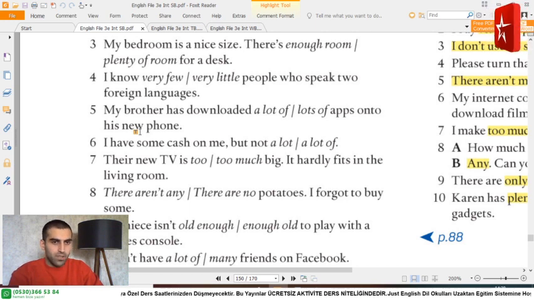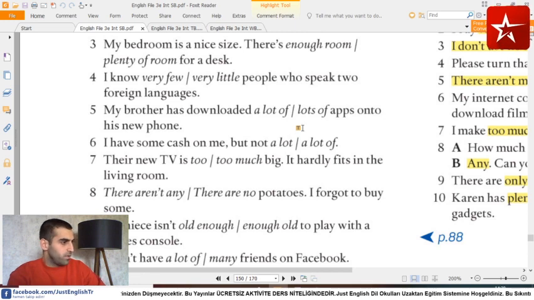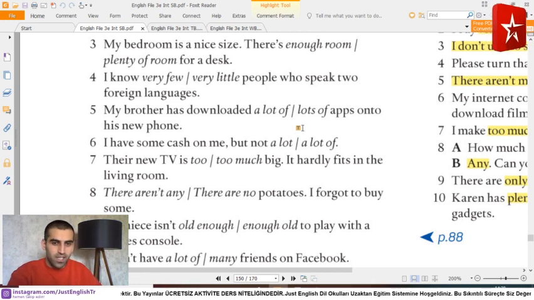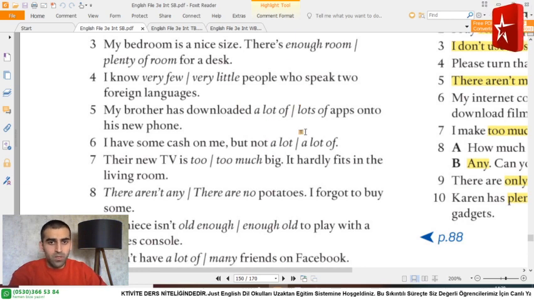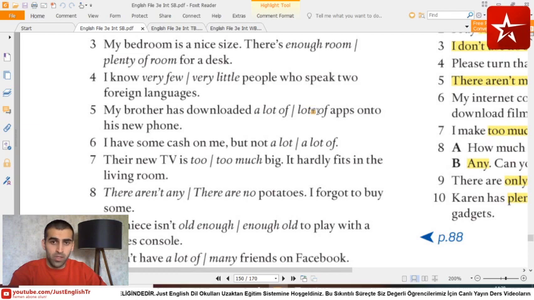Which one is correct? A lot of or lots of? Let me tell you the correct answer. Number 5, both of them we can use. A lot of and lots of, both of them are correct.